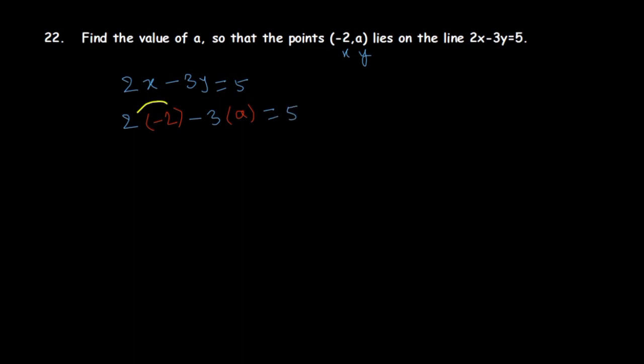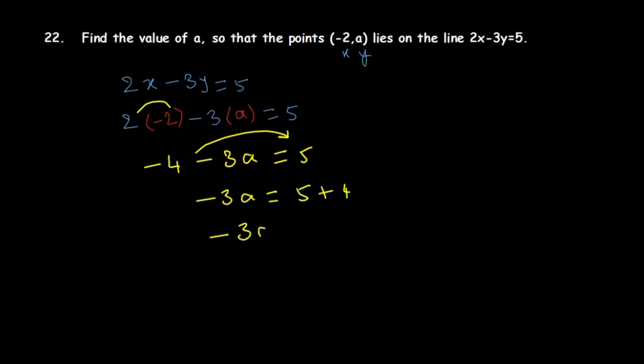So here 2 into minus 2 is minus 4, minus 3a equal to 5. Just transpose this, minus 3a equal to 5 plus 4. So minus 3a equal 9. Okay, a equal 9 divided by minus 3, which is equal to minus 3. So a equal to minus 3 is the answer for this question.